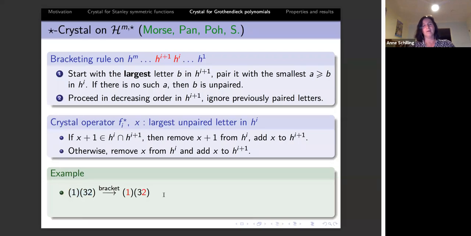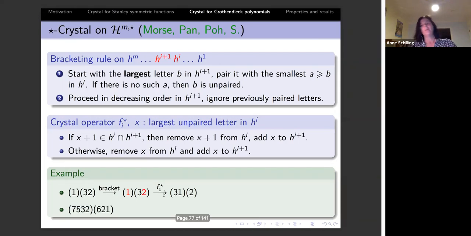And then what the f_1 operator does, it takes the leftmost unbracketed letter and moves it over. So it just moves the 3 over. And my claim is, since there are no braids, since we're doing the braidless case, you can always move that letter over. Otherwise, it would actually have been bracketed.